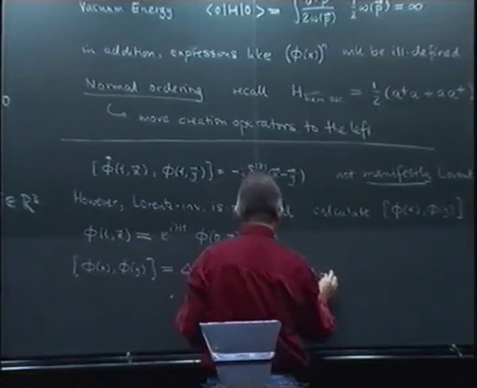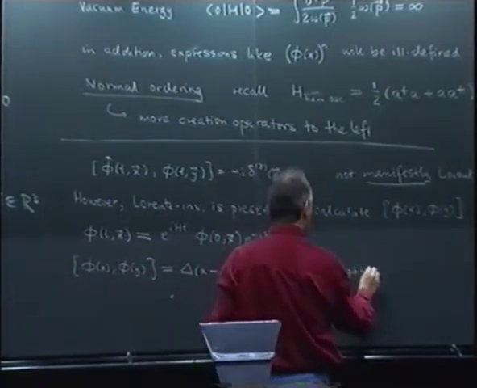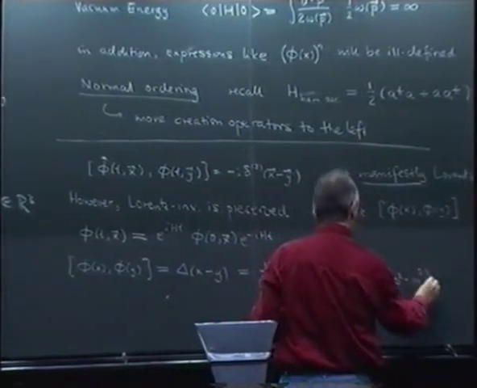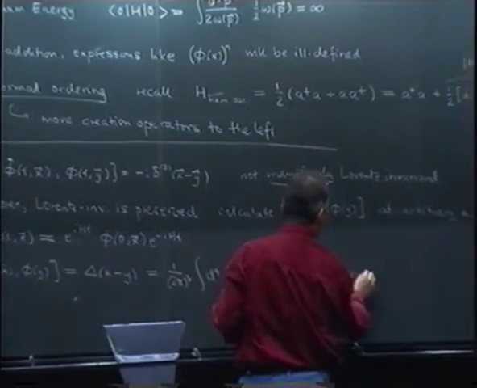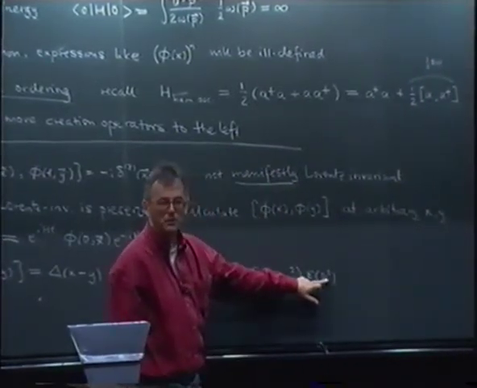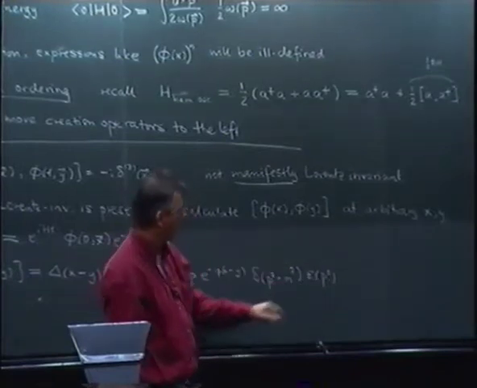You can write it as a four-dimensional integral, e to the minus i p (x minus y), delta of p squared minus m squared, and then you have an epsilon function of p0, which is plus 1 if p0 is positive, and minus 1 if p0 is negative.